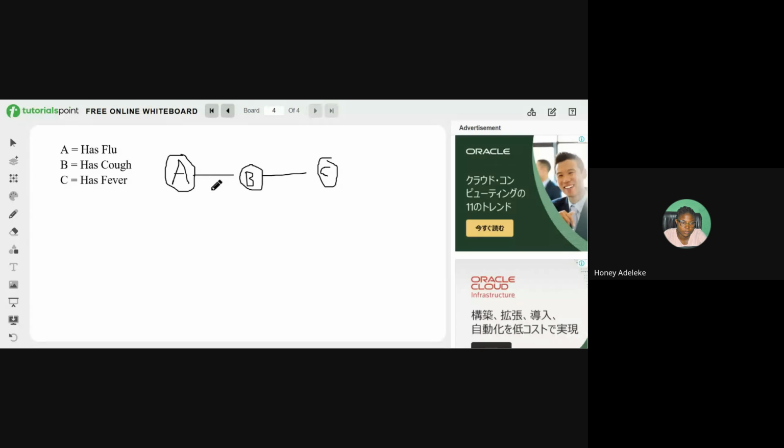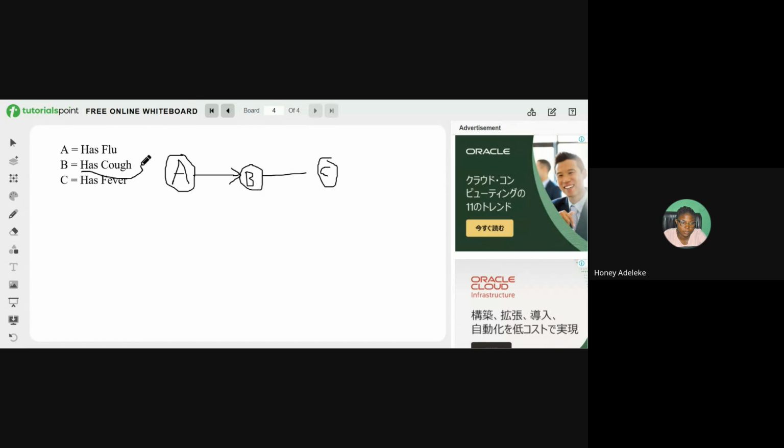All right, so if our A is having flu, then we can have a path like this. And if you have flu, then you have a tendency of having cough.